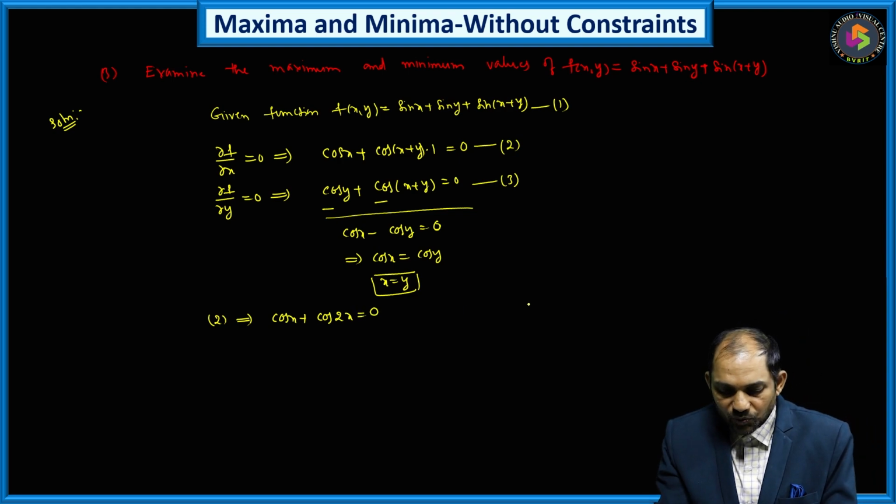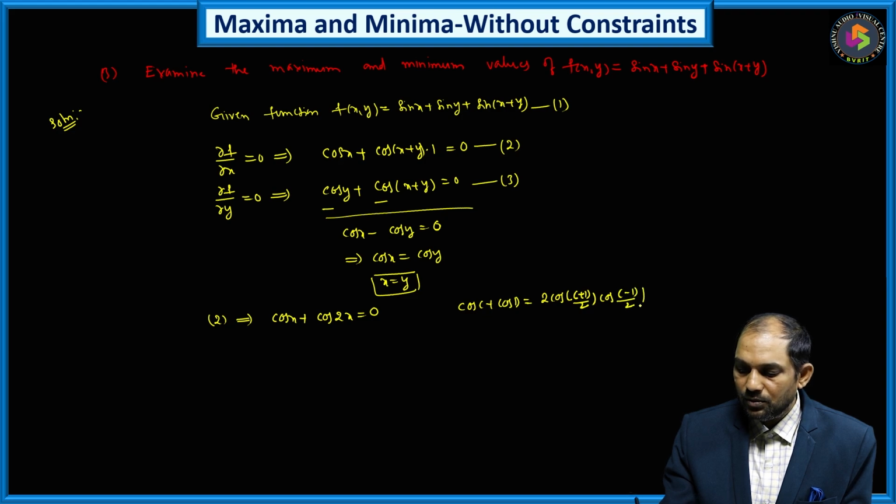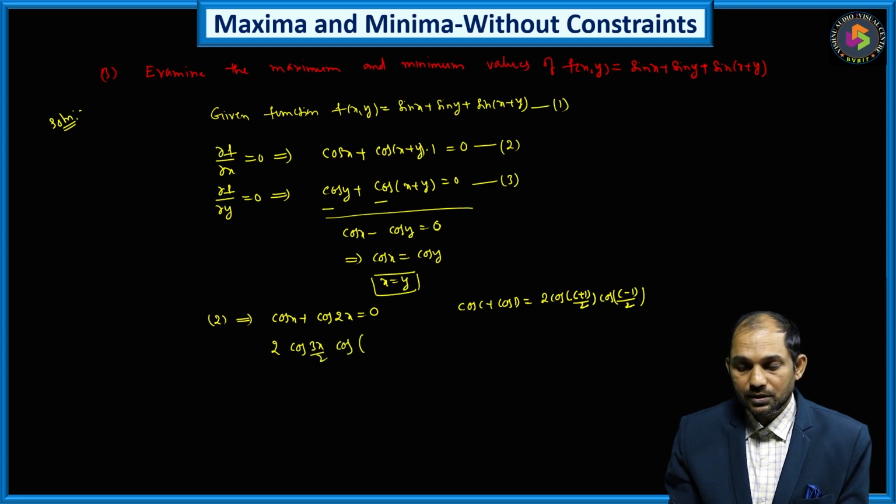In order to find the value of x, we use the formula cos c plus cos d is equal to 2 cos of c plus d by 2 times cos of c minus d by 2. By using this relation, we get 2 times cos of 3x by 2 and cos of x minus 2x, which is minus x, so cos of minus x by 2.